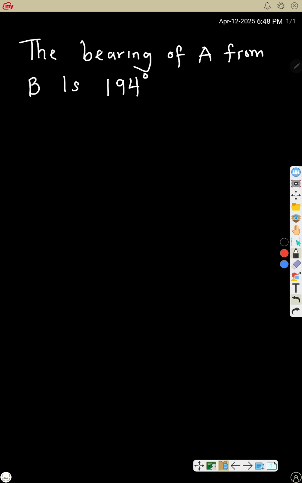Now, I've not asked any question here, but let us sketch this. How can we sketch this bearing? The bearing of A from B is 194 degrees.